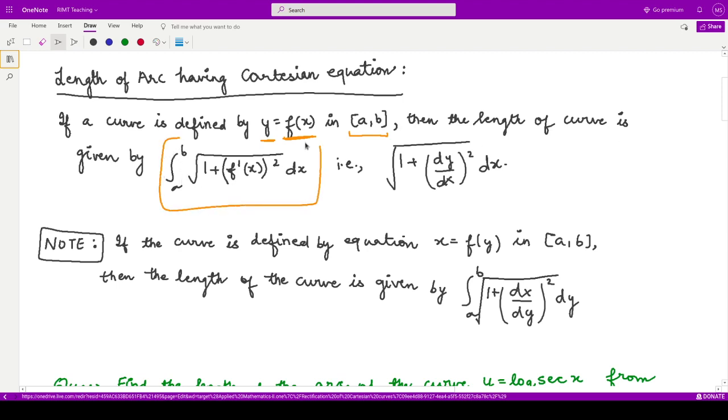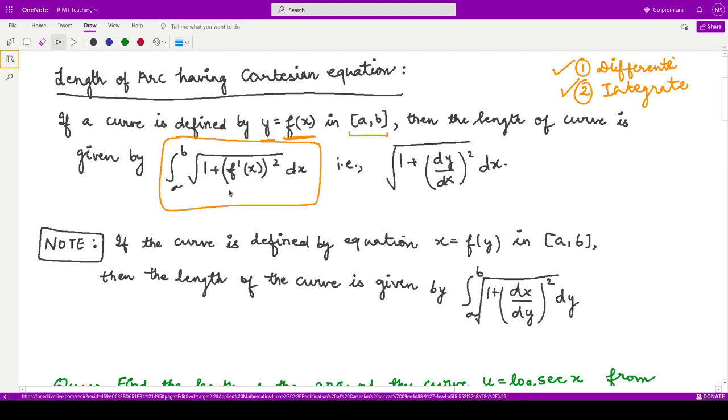So here, in order to solve this rectification, two things are required. Firstly, you should know very well how to differentiate functions, and then you should know how to integrate functions. So you should go and revise all your formulas for differentiation and integration to solve these kinds of questions quite easily, right?